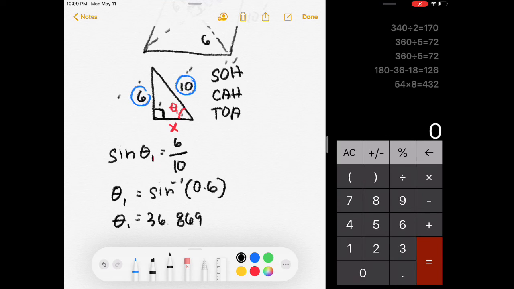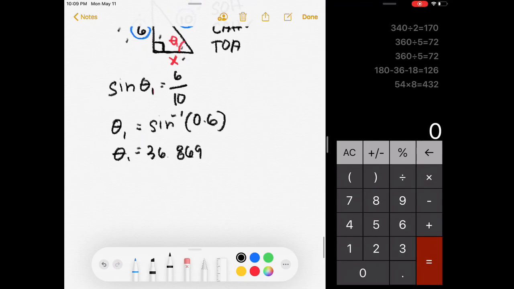Since we now have theta 1, we can finally get this side. We could choose either the hypotenuse or the opposite. I think I'll use this one, so we'll use cosine.